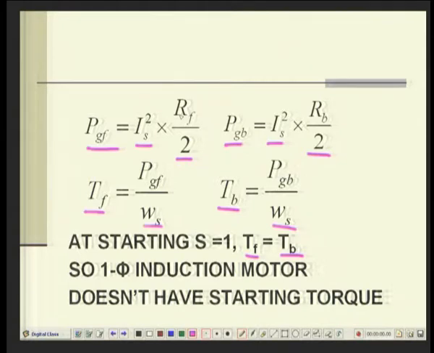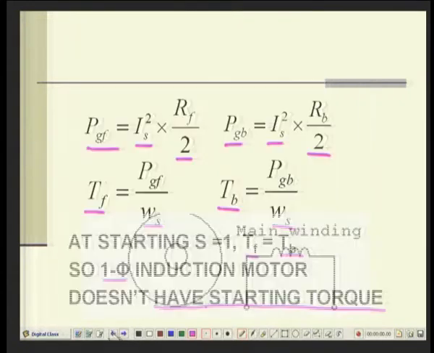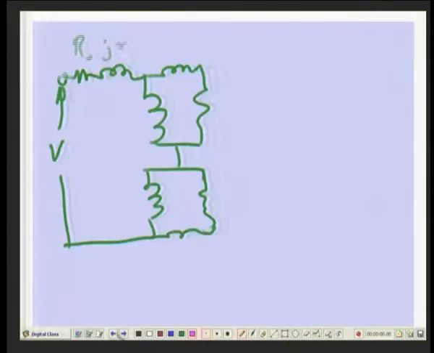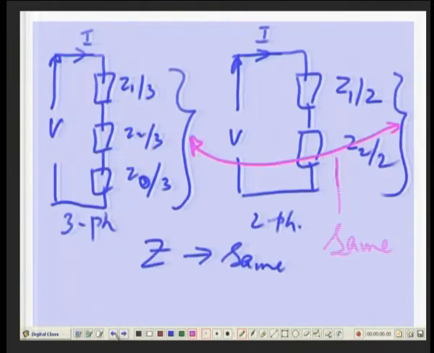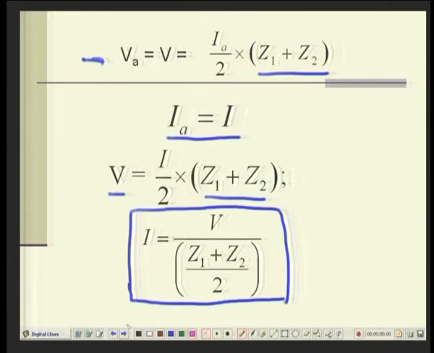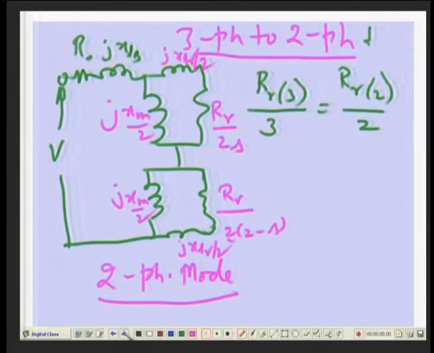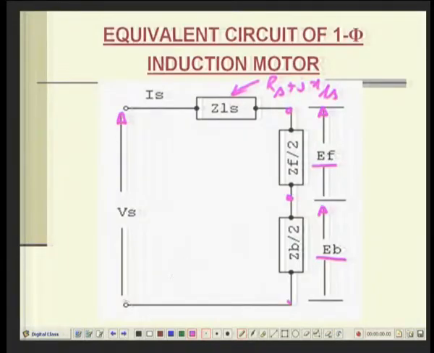Both impedances are the same, ZF equals ZB. Therefore a single phase induction motor does not have a starting torque, as we have seen. Ultimately we get these currents, then do the calculations and use this equivalent circuit.